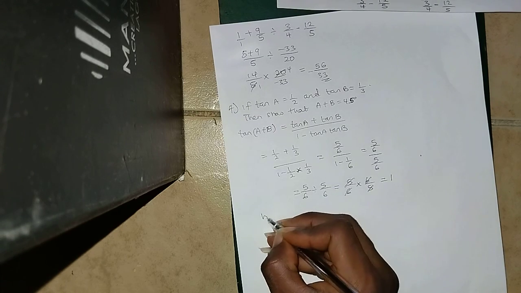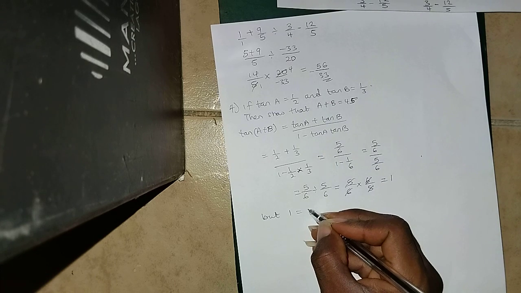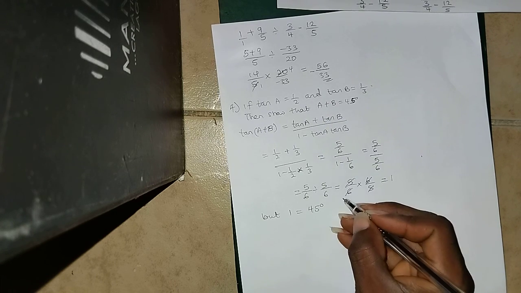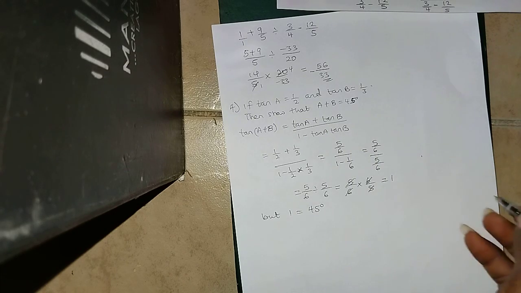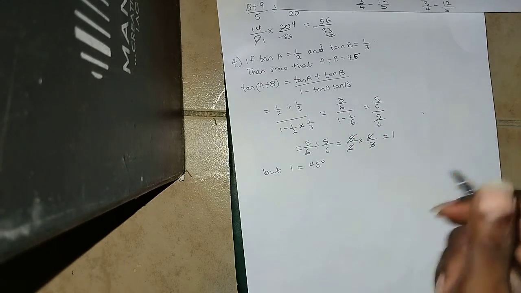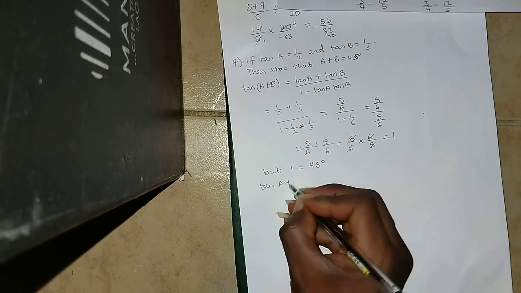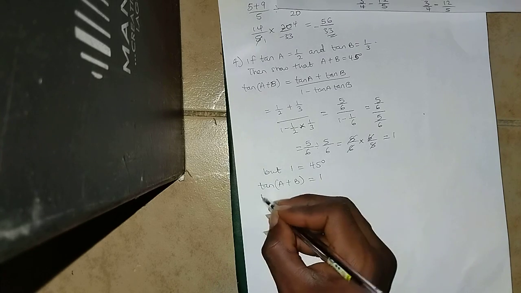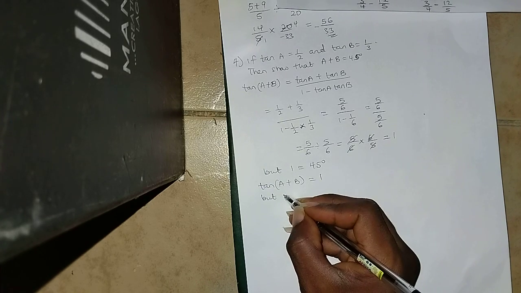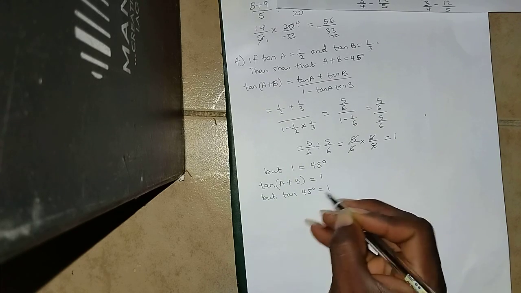But note that 1 is equal to tan 45 degrees. So tan(A plus B) is equal to 1. But tan 45 degrees is equal to 1.